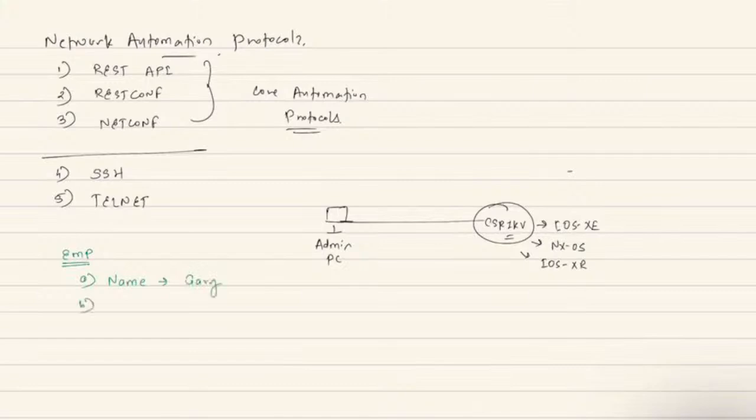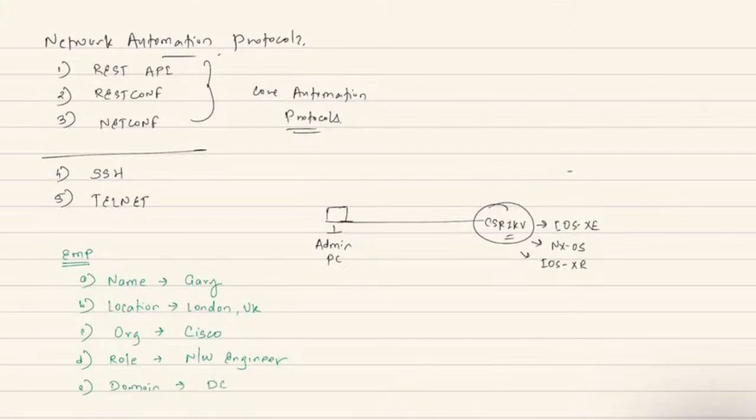The second is location: Gary's location is London, UK. The third is organization: let's say CISCO. The fourth is role: network engineer, for example. And the fifth is domain: let's say data center.